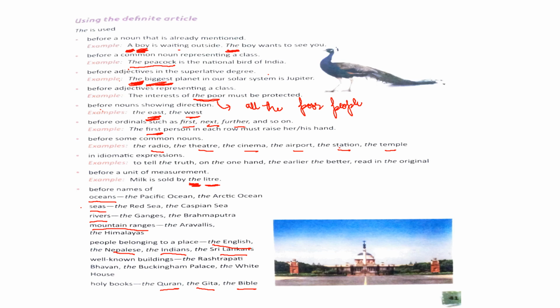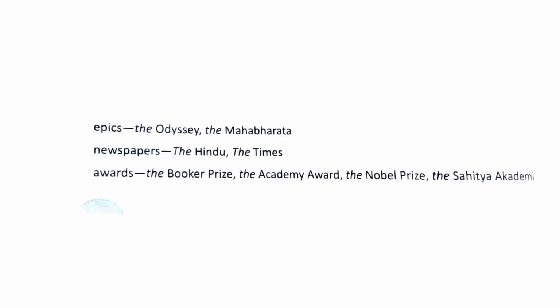These are names of holy books, so you use the article the with them as well. You use the article the with names of epics. The Odyssey, the Mahabharata. These are epics. So you must use the. These are rules.